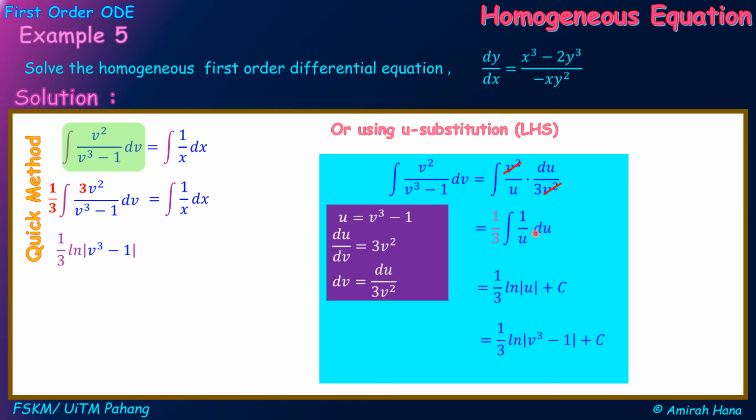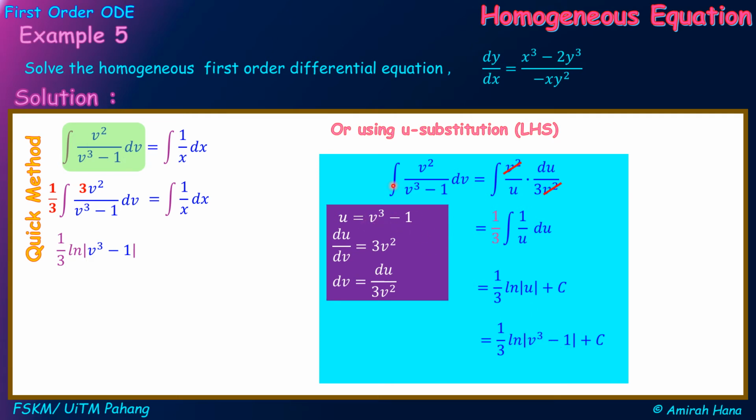Alright? Then we can integrate with respect to u. After we integrate, no more integration symbol. Okay? And then we still have the constant 1 over 3 in front here. And then when we integrate 1 over u du, the answer equals ln modulus u plus c. Alright? And after that, we need to replace u with v cubed minus 1.